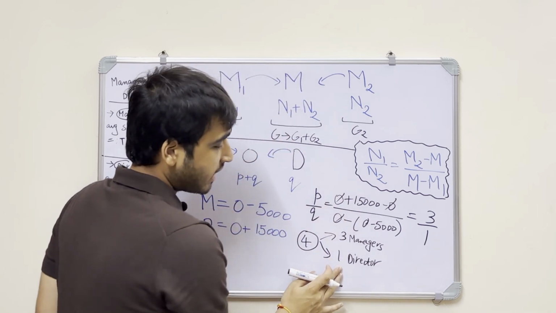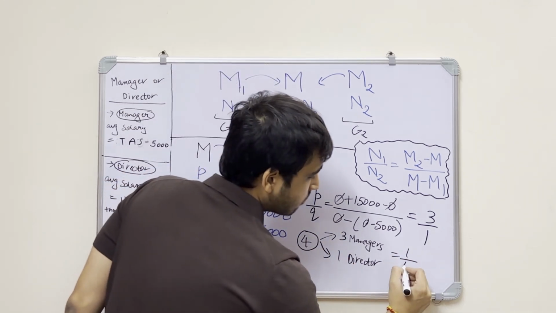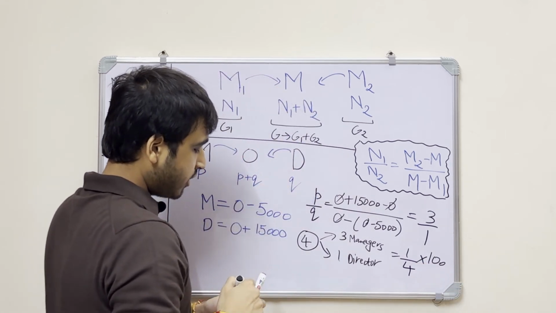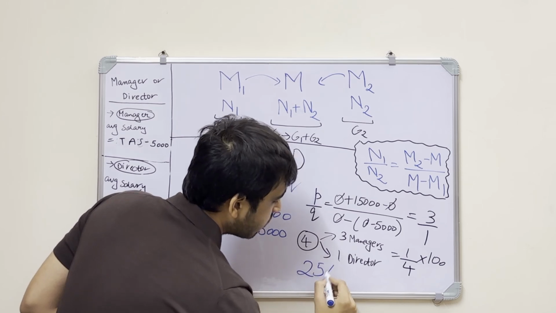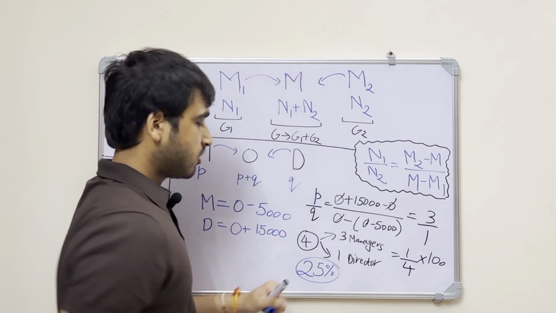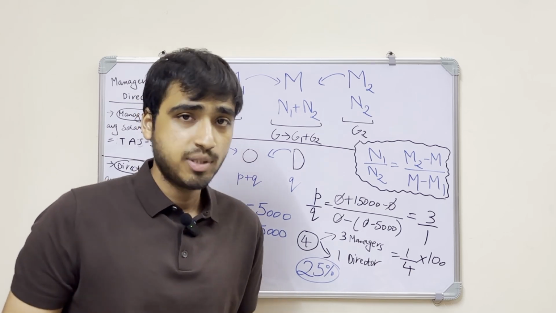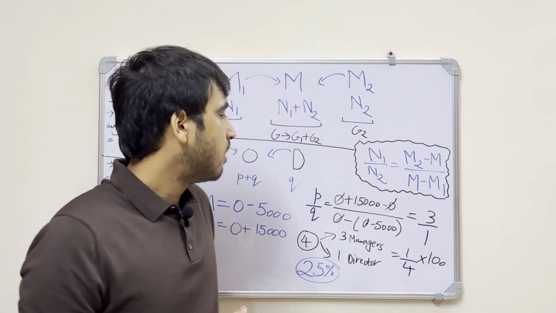So the percentage of directors will be 1 upon total people 4 into 100, right? Which turns out to be how much? 25%. So this is the answer, 25%. So the percentage of directors is 25%. Okay, so I hope this is clear.